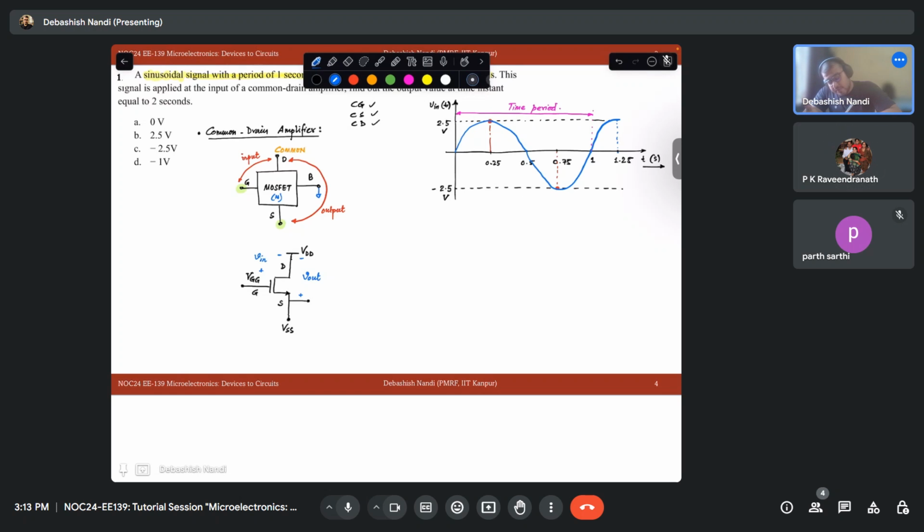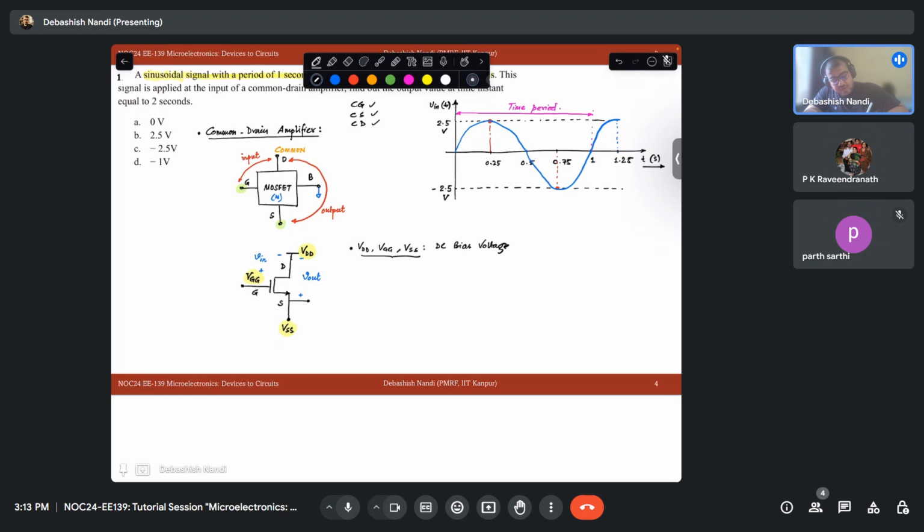By the way, can you tell me why these three are important? VDD, VGG, and VSS. These are the DC bias voltages.